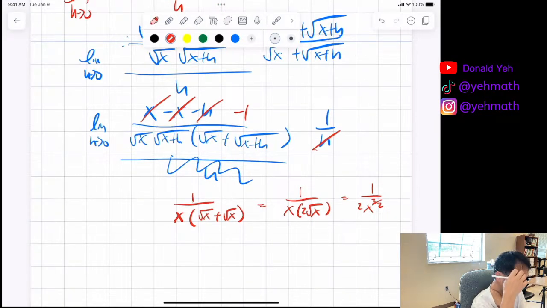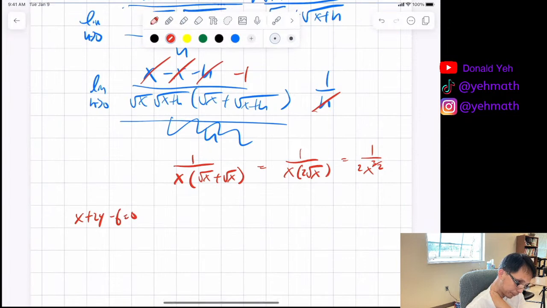So what was the given line's slope? For 37, they say x plus 2y minus 6 equals 0. Slope: 2y is equal to negative x plus 6, divided by 2, so it'd be -1/2.